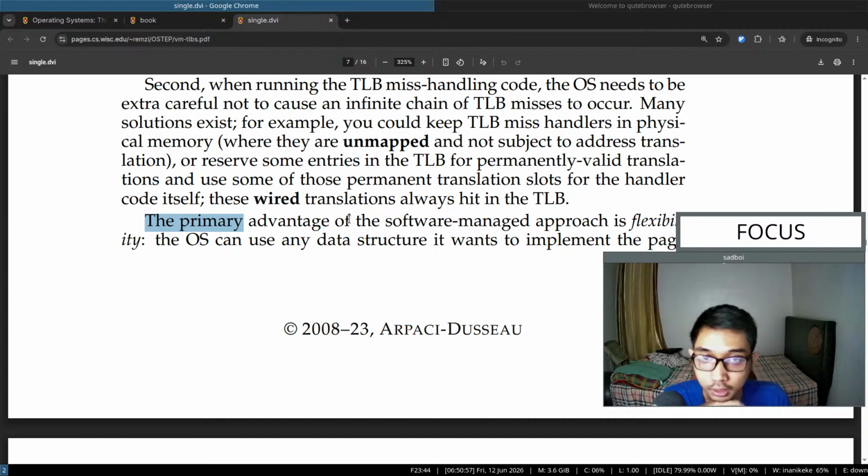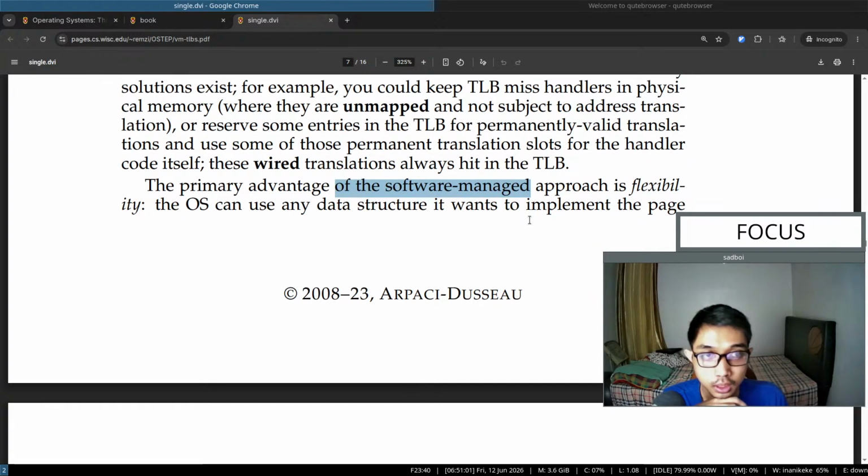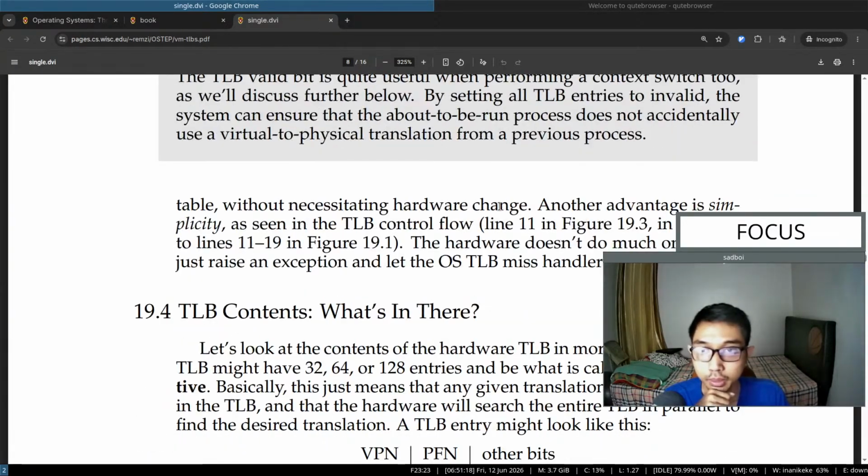The primary advantage of the software managed approach is flexibility. The operating system can use any data structure it wants to implement the page table without necessitating hardware change.